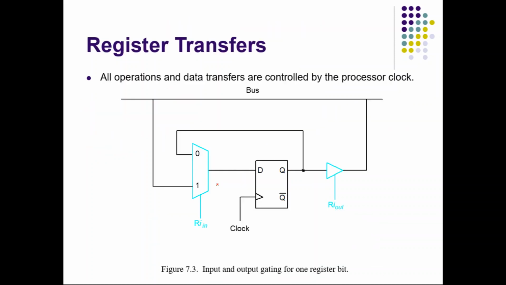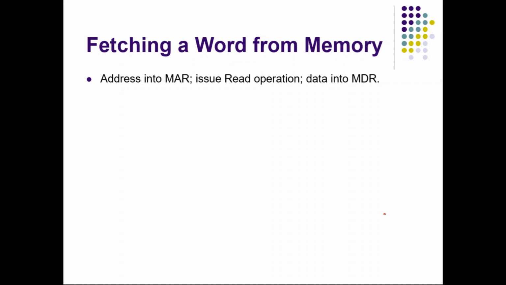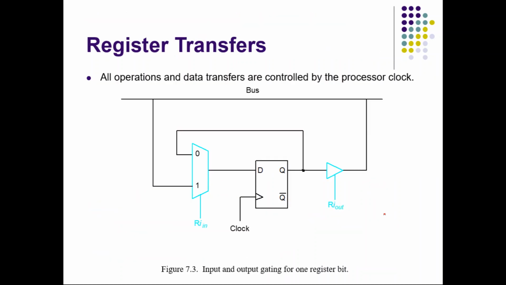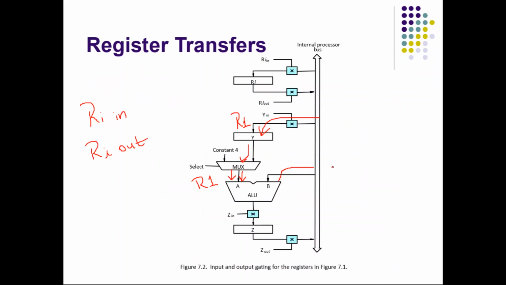And the next instruction is R2 out. R2 out means R2 is available in the internal bus, right? So that we already discussed. It also means that R2 is taken and used by B. So B is nothing but R2, A is R1.